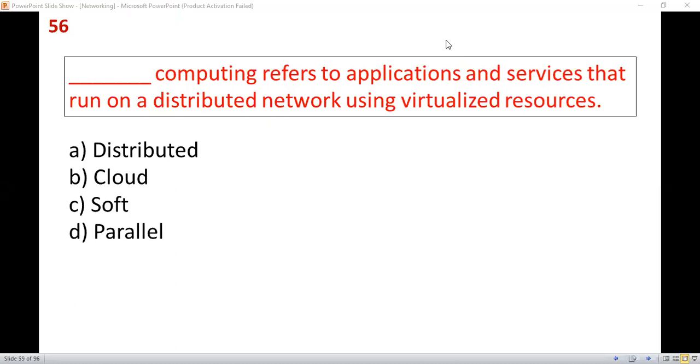Right. The answer for this question will be cloud computing, which refers to applications and services that run on a distributed network using virtualized resources. The answer will be B.